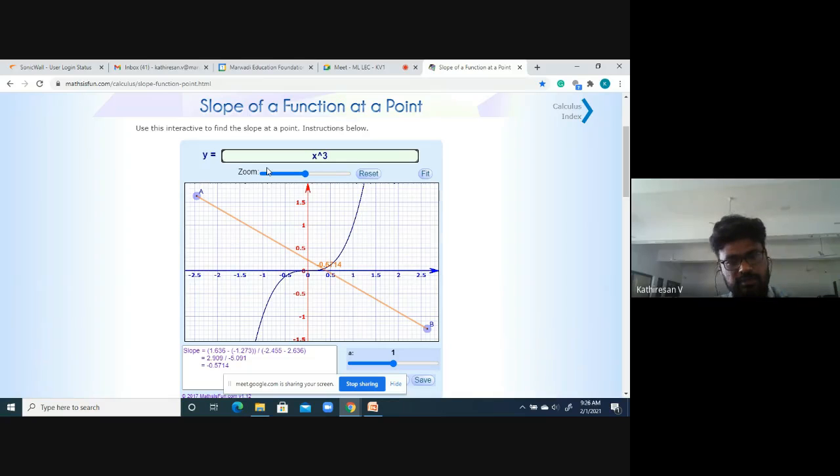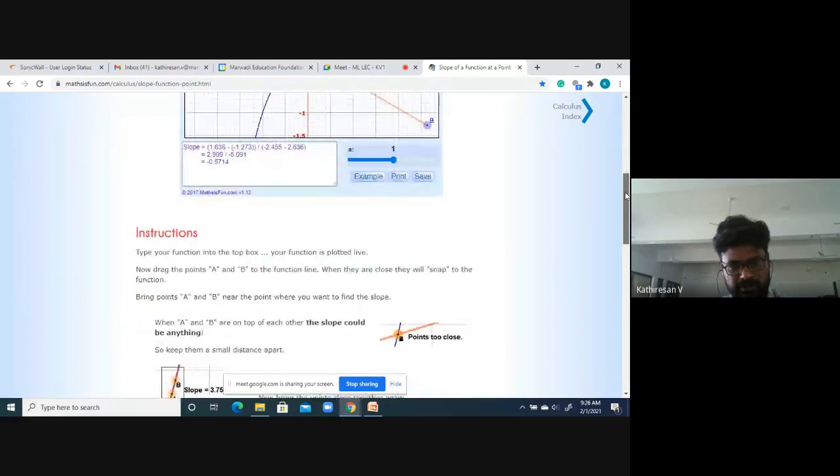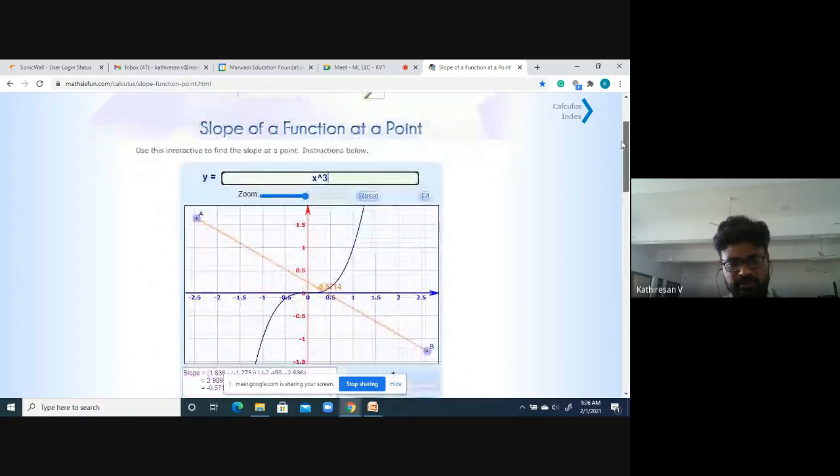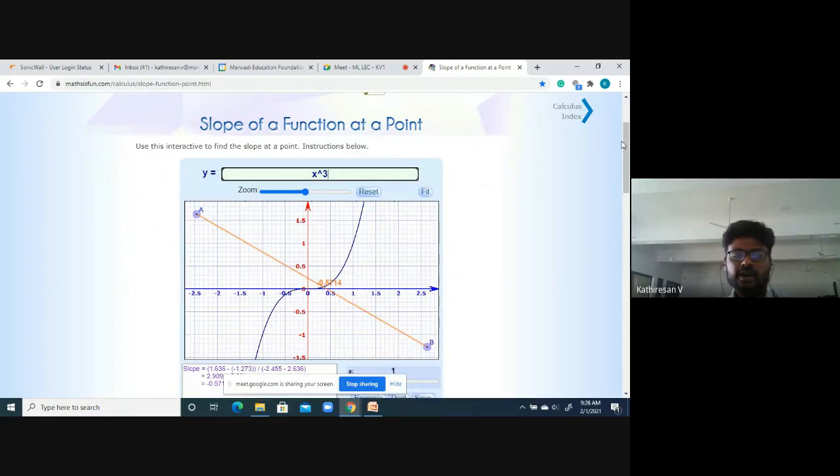Here you will see how the slope also gets changed. This may be useful for you to identify the curve for different equations. Even if you substitute some values and plot, you will get it, but for better understanding, I am showing this.